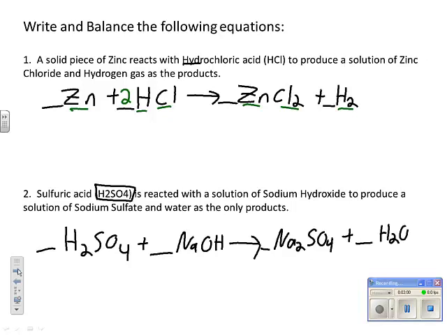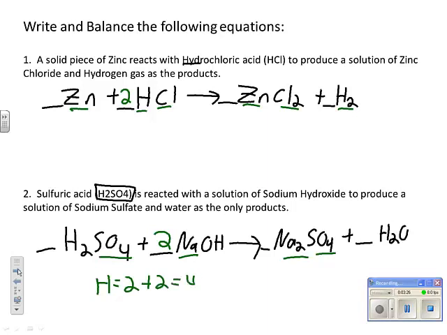Now balance it. 1 sodium, 2 sodium. So we got to have 2 over here. Polyatomics, 1 sulfate, we're good. Now we got hydroxides, and we got waters. So over here we have 2 from the sulfuric acid, plus 2 from the NaOH.